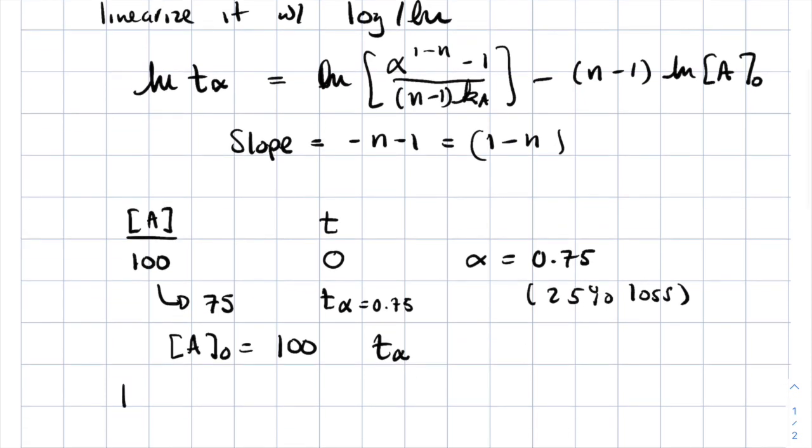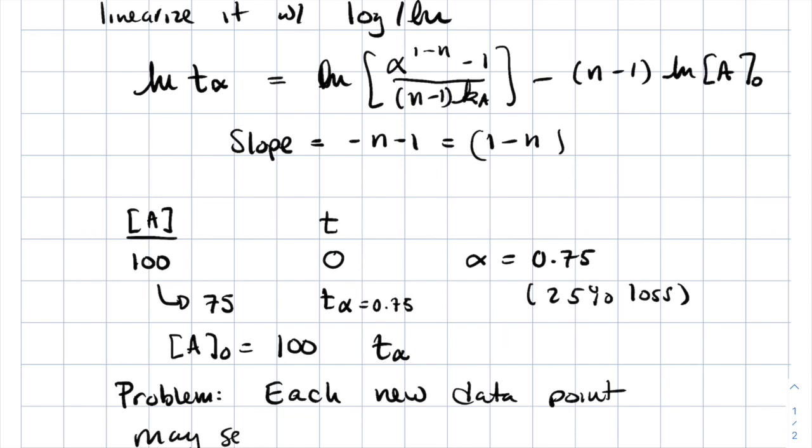The problem we have, well, first of all, the good thing is each new data point may serve as an initial concentration, or we can read this off the regression line, which is what we're going to do, but same thing.